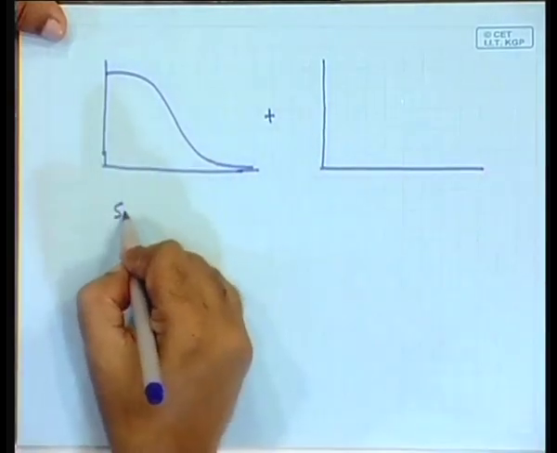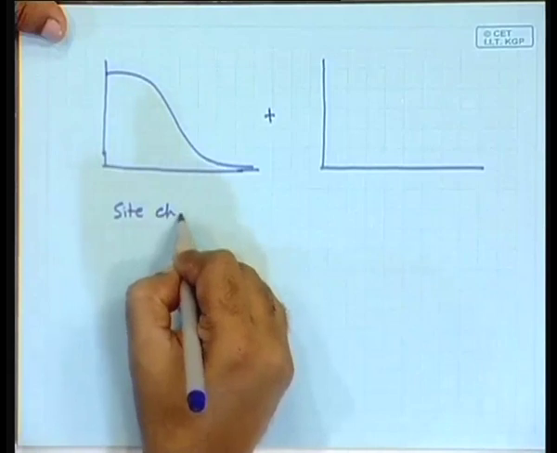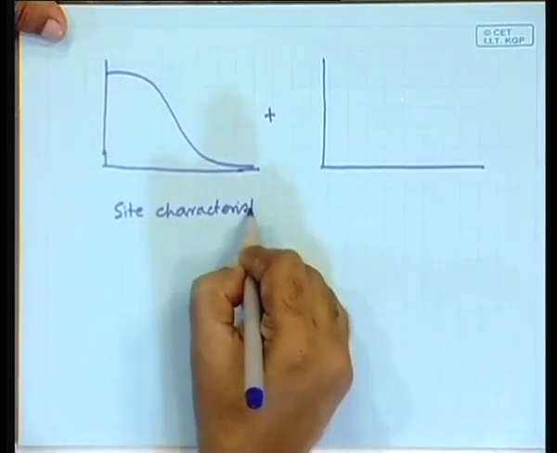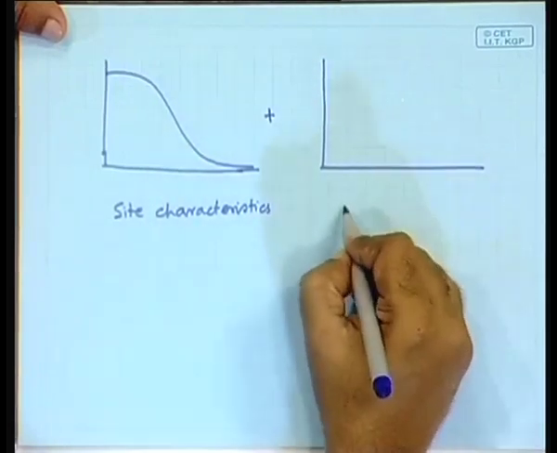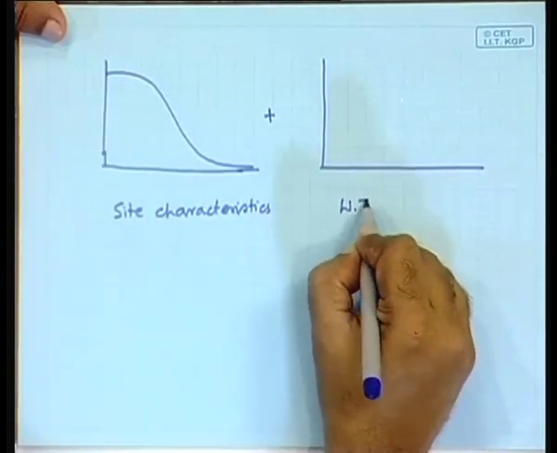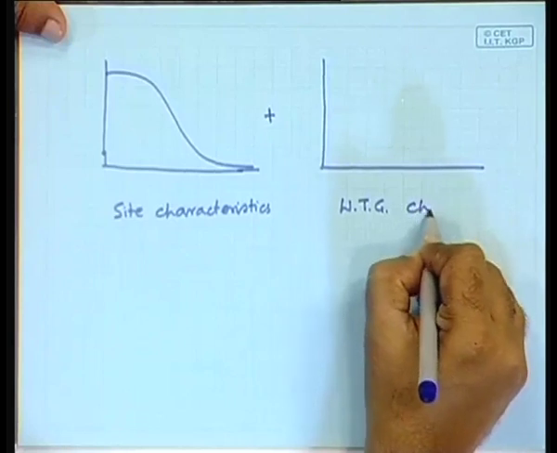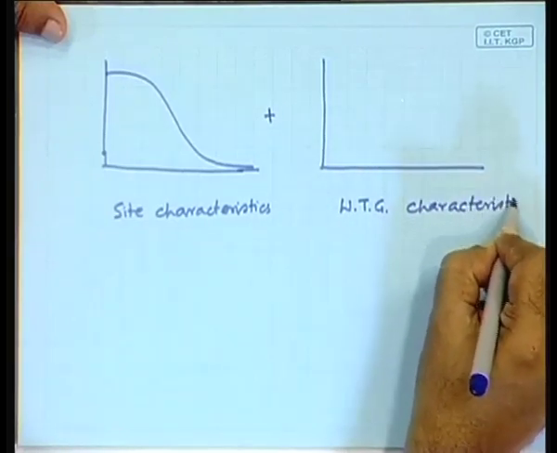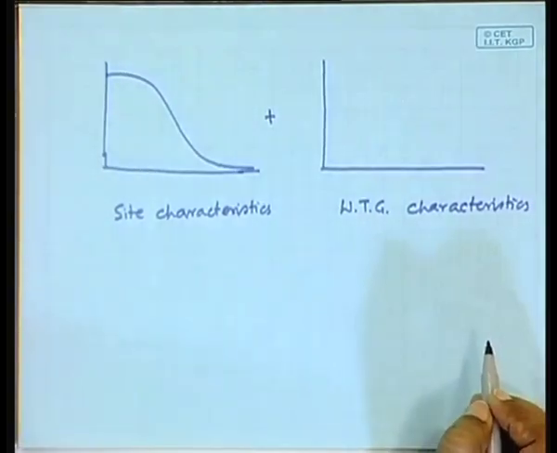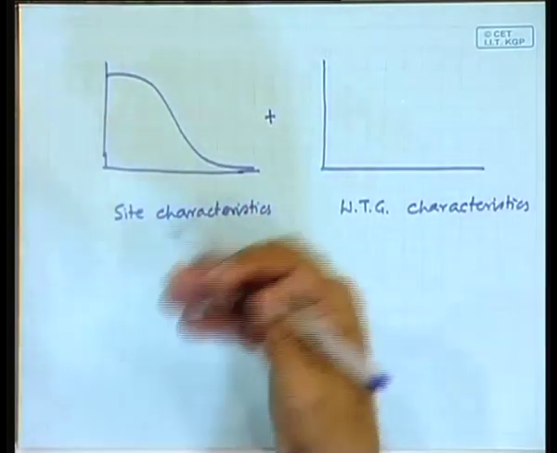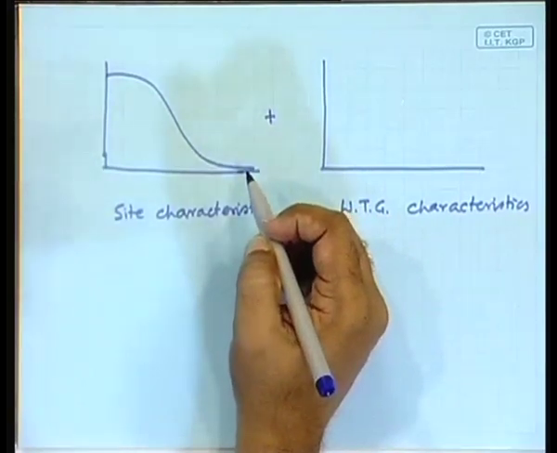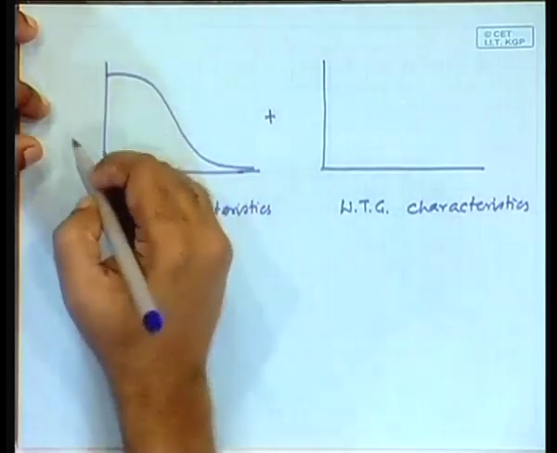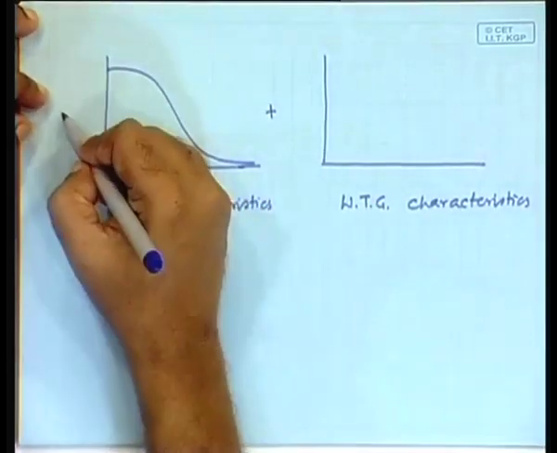So, this is the site characteristics, and this is the wind turbine generator characteristics. The site characteristics would be represented by the wind speed duration curve. So, here is the wind speed and here it is the time exceeded.